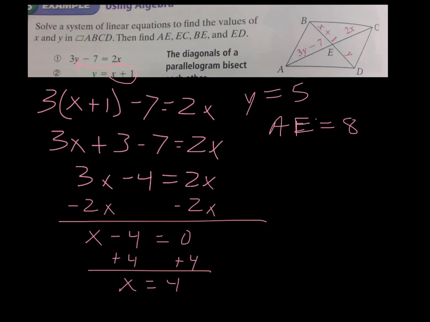And EC better equal 8 as well. And then BE is going to equal x plus 1, which is 4 plus 1, which is 5, and DE is just plain old y, which is also 5. So you got all 6 answers that they were asking for.